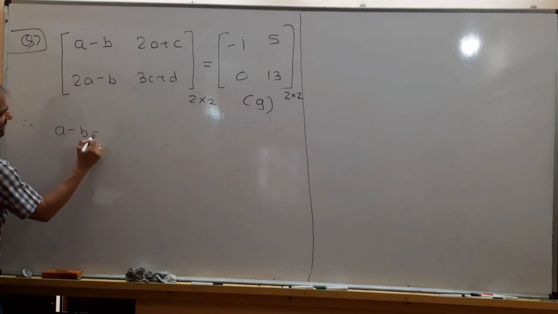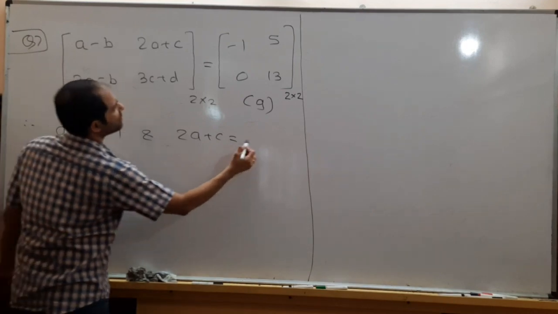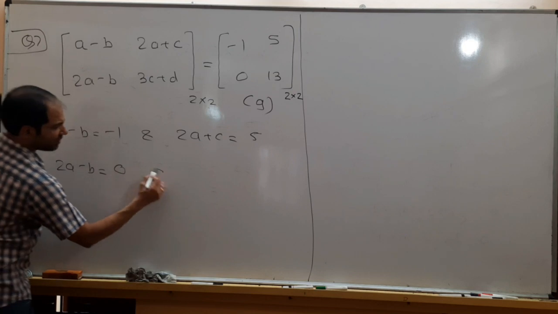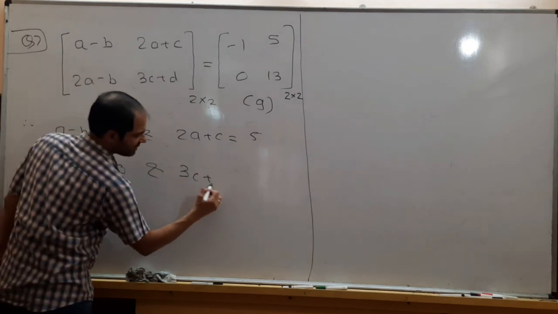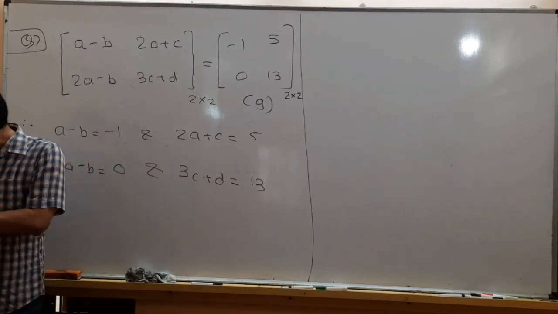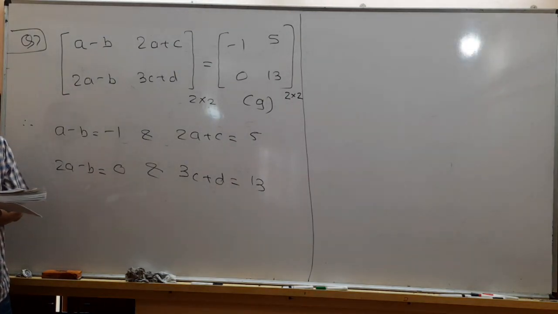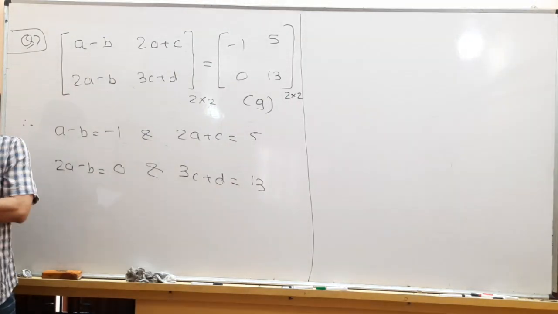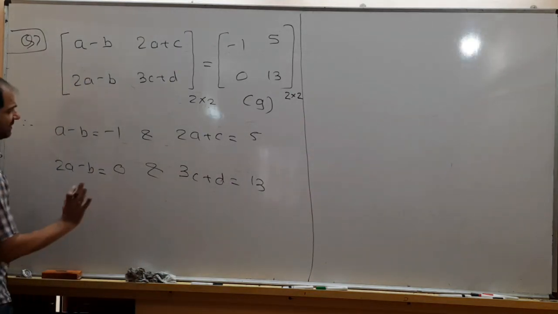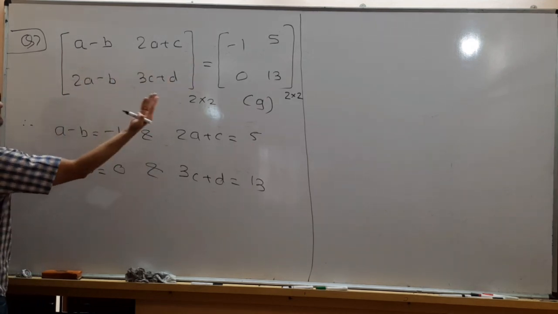So A minus B will be equal to minus 1 and 2A plus C will be equal to 5. 2A minus B will be equal to 0 and 3C plus D will be equal to 13. Did I write the question wrong? A minus B, 2A plus C, 2A minus B, 3C plus D. I think I'm right. So A minus B is minus 1, 2A plus C is 5, 2A minus B is 0, 3C plus D is 13.